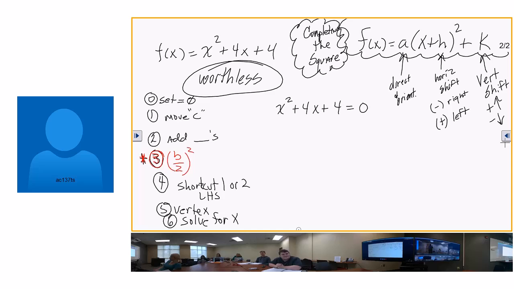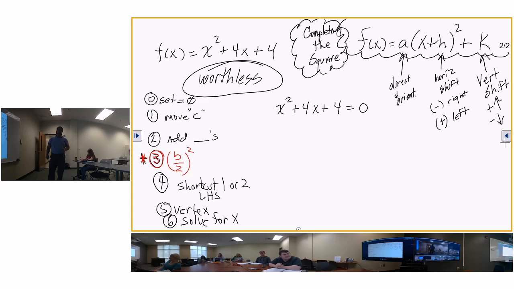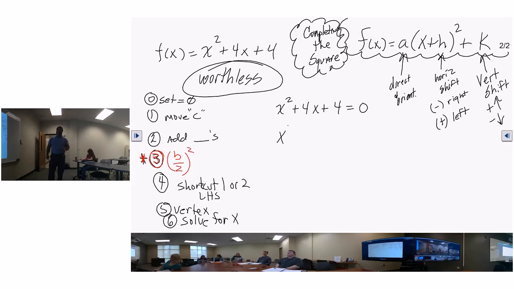Well, what side of the equal sign is it on? It's on the left. So where is the only place in the world that you can move it? To the right. Just a miracle. x squared plus 4x plus blank is equal to negative 4 plus blank.